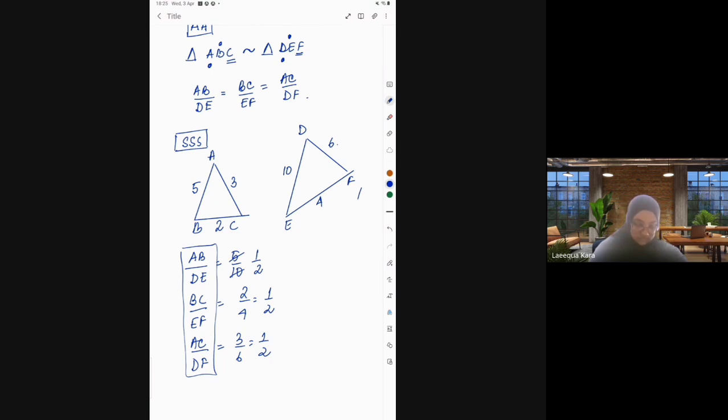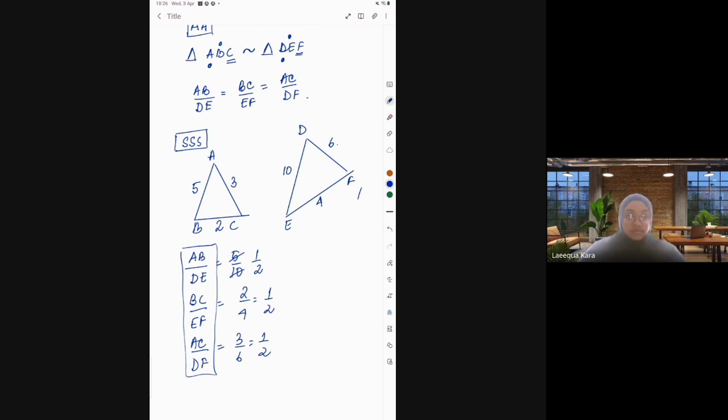So because the corresponding sides are in proportion to each other, I can say that these two triangles are similar to each other. I have used sides to prove similarity, but once I have proven similarity, it would also mean that their corresponding angles are equal. Though I do not have data on the angles, once I have proved similarity, I can infer that the corresponding angles of the two similar triangles are also equal to each other.